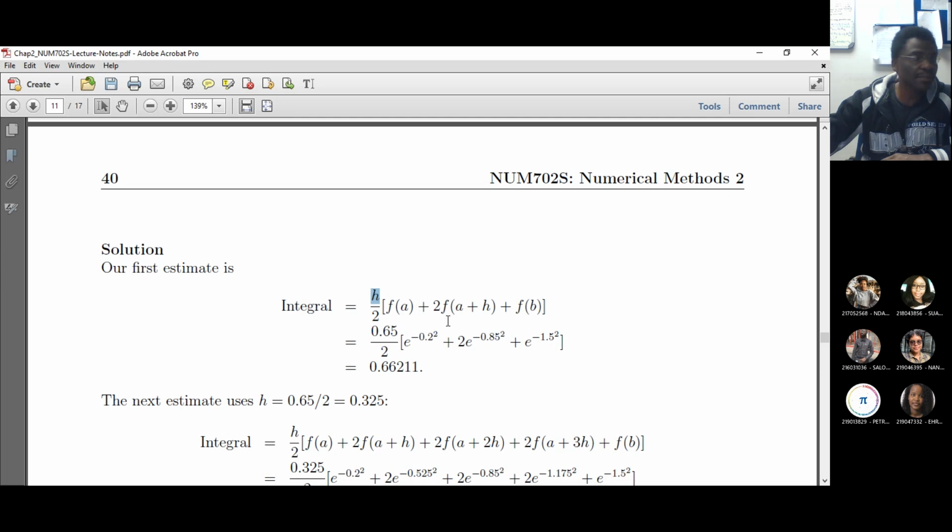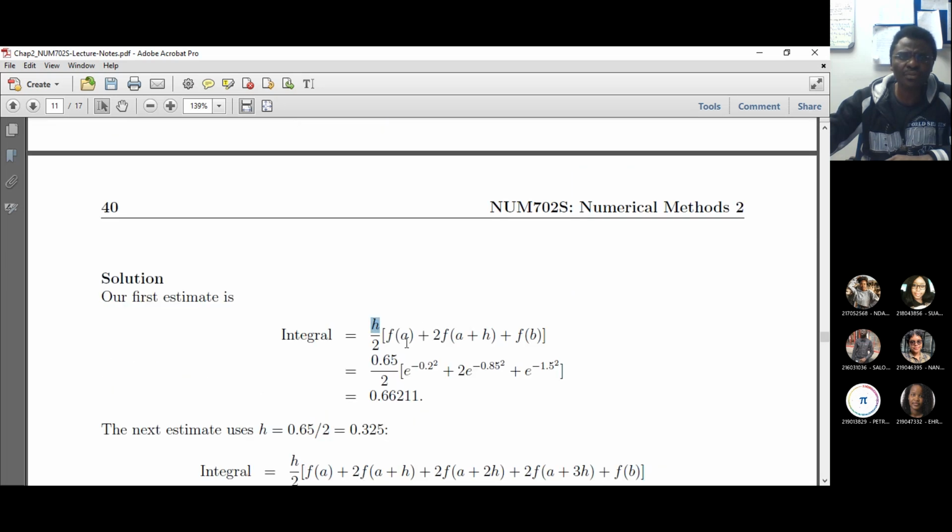So what is done here is the composite rule, because if you use the trapezoidal rule, you take the summation, you sum up the terms. This is what we'll get.